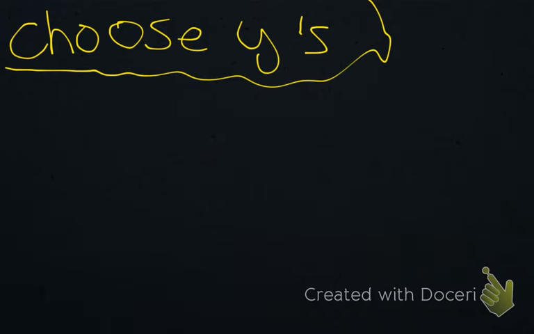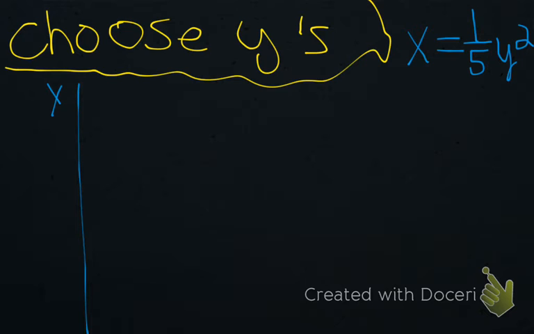So, since we decided that our vertex form was x equals 1 over 5 y squared, we've established that, so let's go ahead and choose our y's.